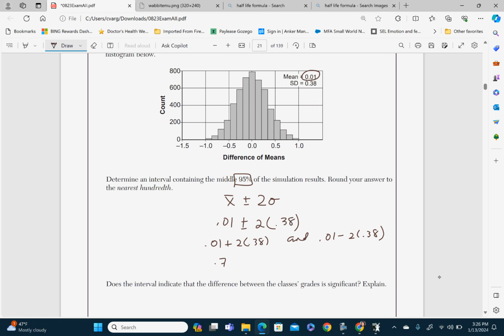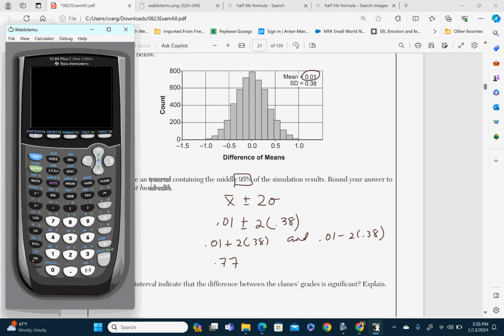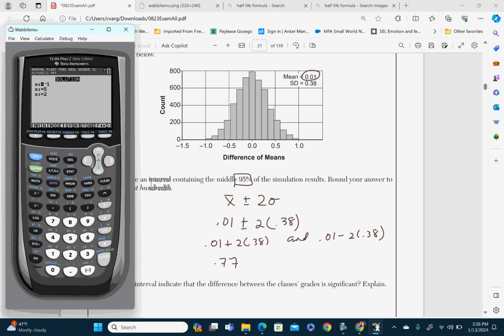0.75, and then plug this into a calculator. Well, this one right here would give you 0.77. Let's see. Calculator, come on, quit. Okay, so 0.01 plus 2 times 0.38.